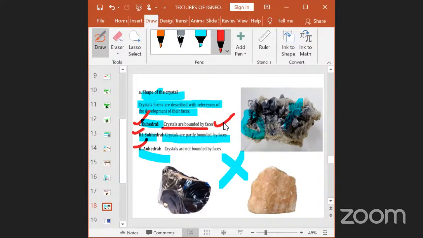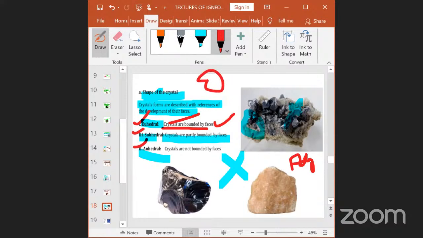Euhedral minerals, as seen in thin sections, appear with a polygonal boundary outline, whereas anhedral minerals appear rounded in the thin sections.